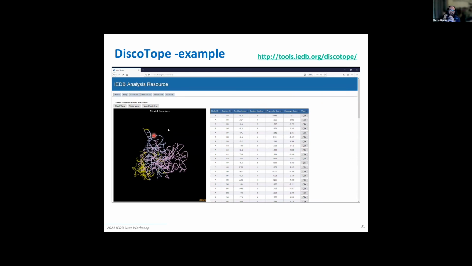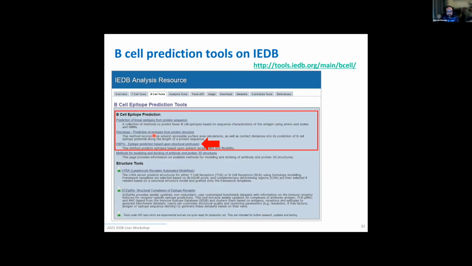You can say, okay, this makes sense. This is very exposed, so definitely this epitope can be reached by the antibody. So it's always good to see the prediction inside your protein to check whether it makes sense or not.